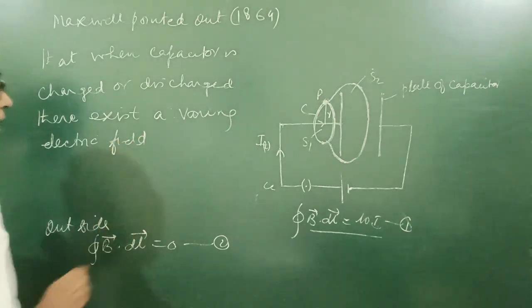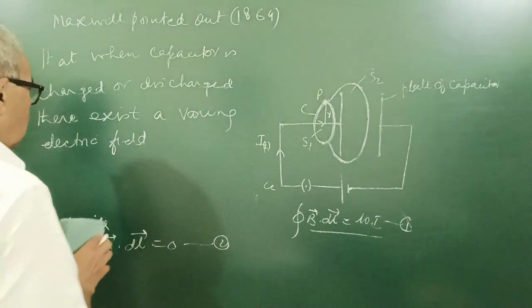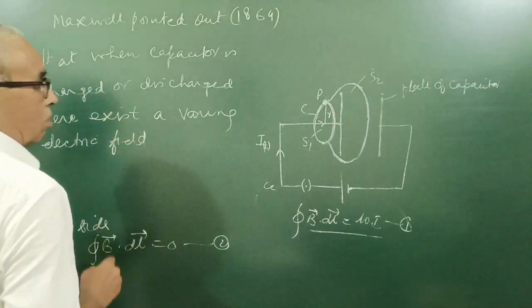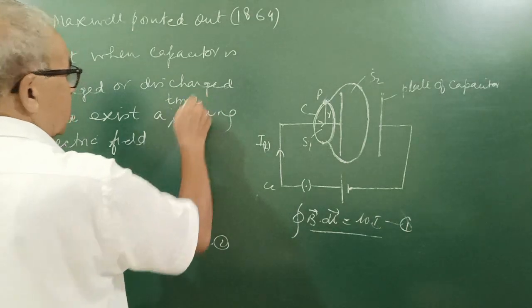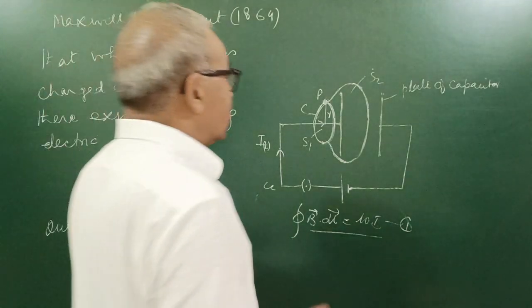Varying means varying with time. I should write here time varying. A time varying magnetic field exists there.